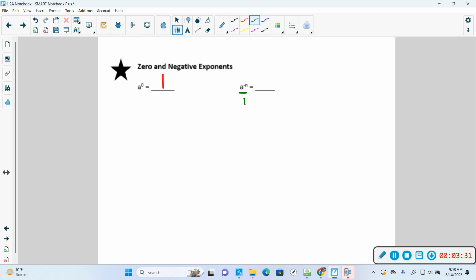So anytime you cross a fraction bar, really the shortcut is, you can change the sign on the exponent. So really I'm in the numerator, so I'm going to put it in the denominator, and then I can change it to a positive n. So I just think if I need to change the sign on the exponent, I just switch the location. That's the bottom, I go to the top. Top, I go to the bottom. That's as wild. Negative exponents sometimes get kids, that's as wild as they are.